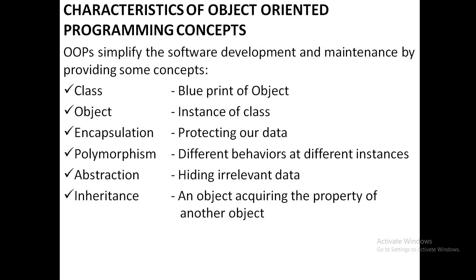Polymorphism, that is different behaviors at different instances. Poly means many and morphism means forms. Abstraction, hiding irrelevant data from the user, that is the complex implementation part is not shown. Inheritance, an object acquiring the property of another object, or the object is inheriting the properties from its main class.